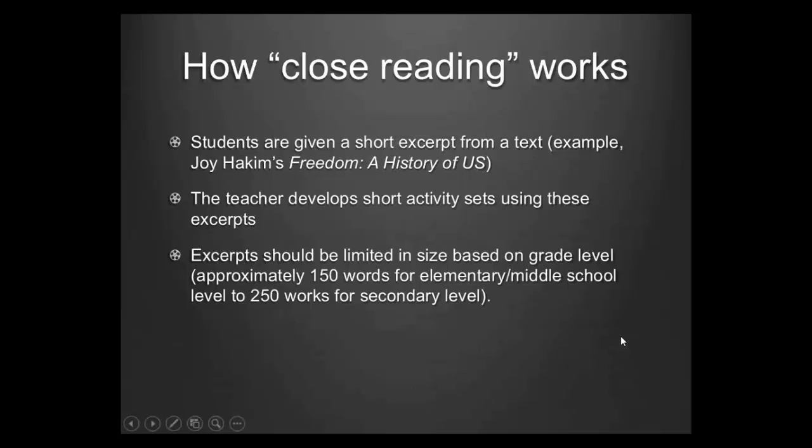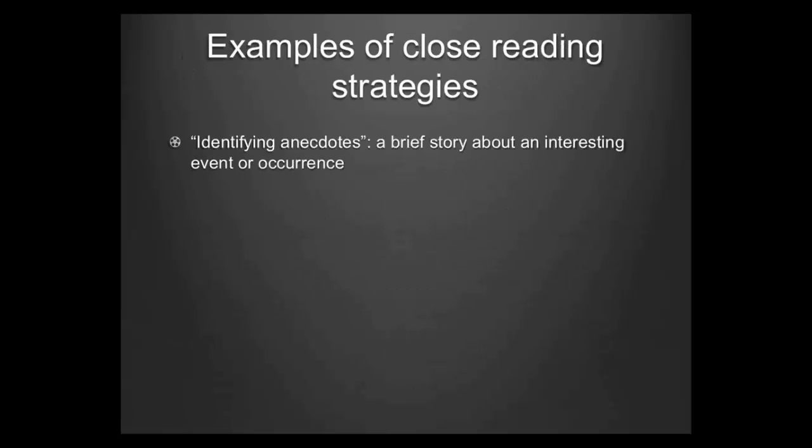In the books, we tried to limit that to a paragraph of roughly 150 words for elementary and middle school level, and about 250 words for secondary level. The next bullet says these activities would generally run somewhere between 20 to 25 minutes in length.